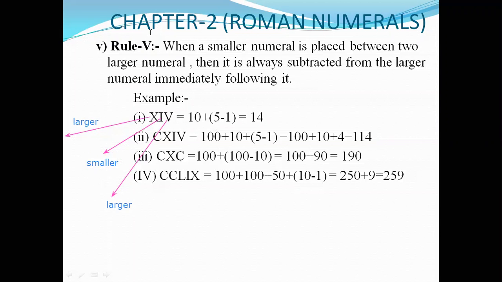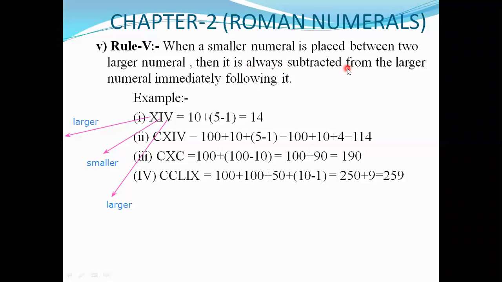According to this rule, when a smaller numeral is placed between two larger numerals, here I is the smaller numeral. Where is I placed? Between two larger numerals. X is larger with respect to I, and V is also larger with respect to I. I represents 1, V represents 5, and X represents 10. So 1 is smaller than 10, and 1 is also smaller than 5.